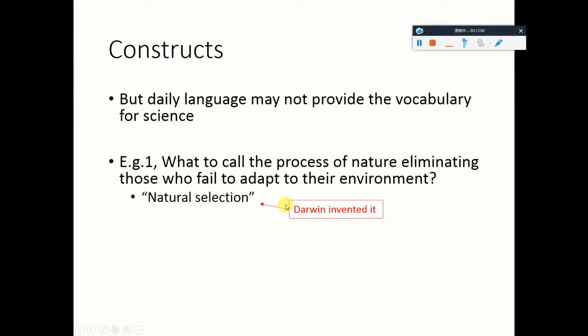And natural selection is something that Darwin invented, right? So natural selection, in this case, is a construct. And it is a construct in the sense that it is not something that we talk about in daily life, and it is used very often in a very specific context, that is to study how biological entities are in the form they are.